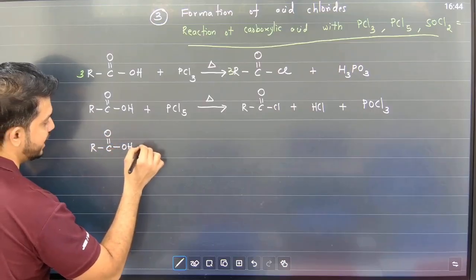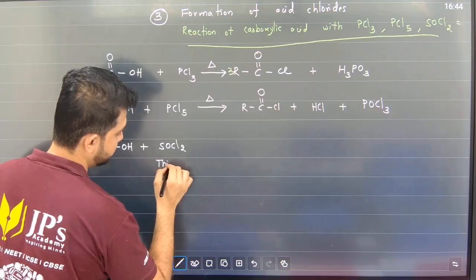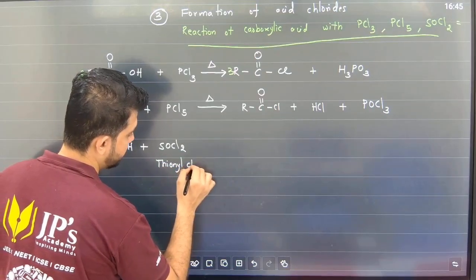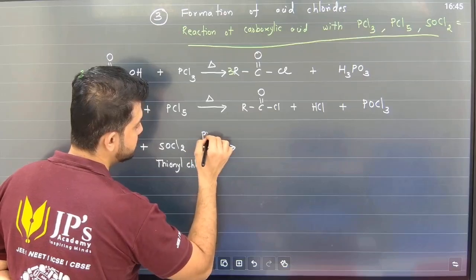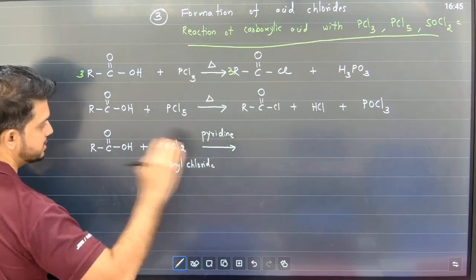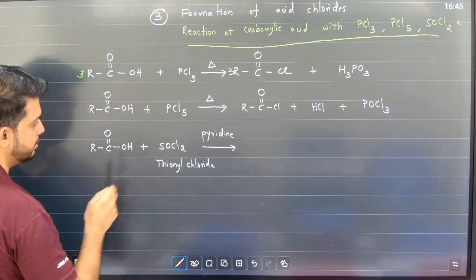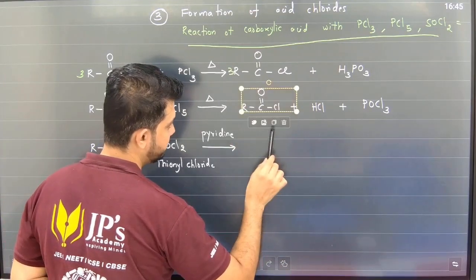And the last reaction, carboxylic acid plus we have thionyl chloride, and this is done in the presence of pyridine, excess HCl को हटाने के लिए. So the product that we get over here remains the same.